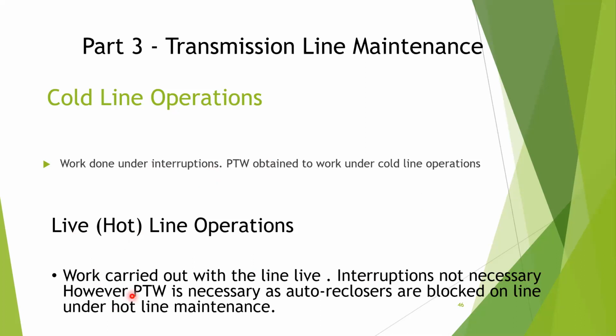However, permit to work is necessary as auto recloses are blocked on line under hotline maintenance by system control. They should know that you are working on the line, and the interruptions are not necessary. When the conductors are live, the work is done.